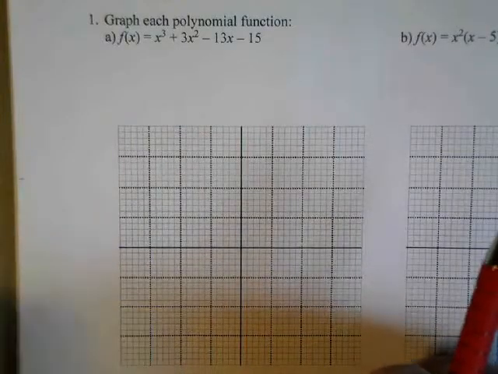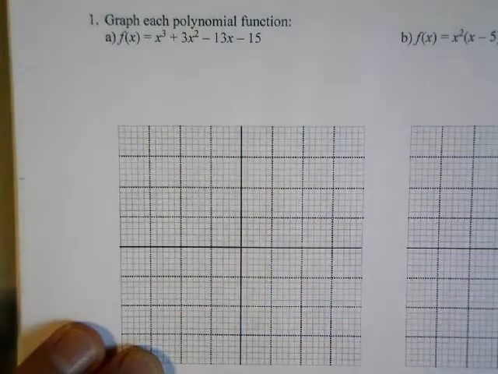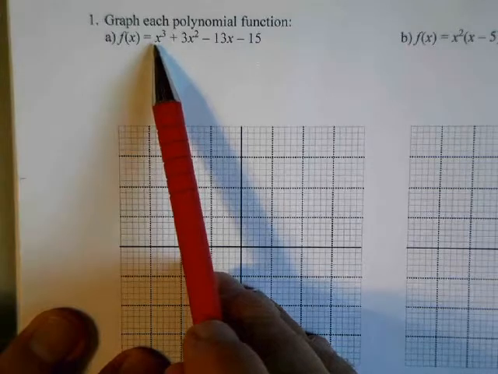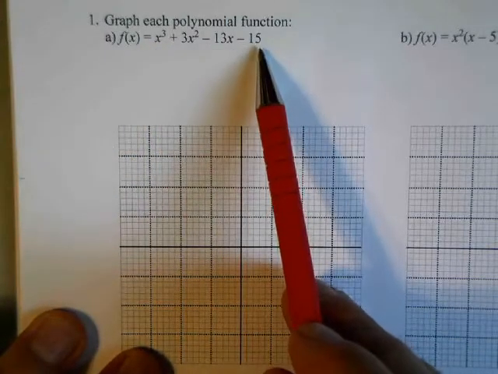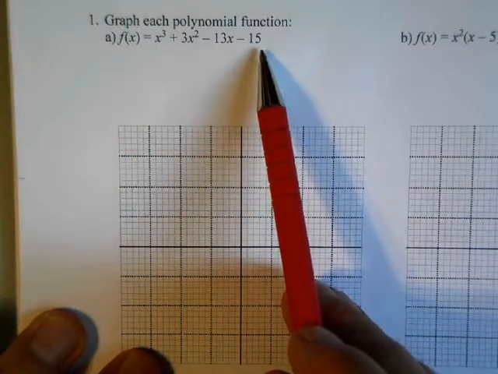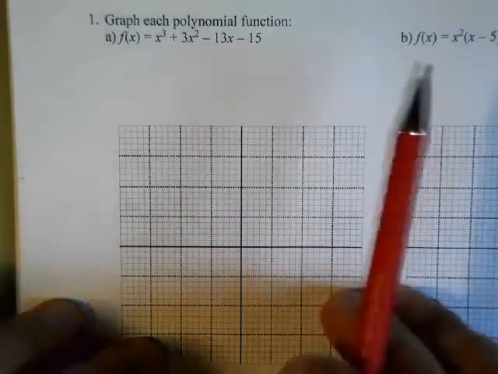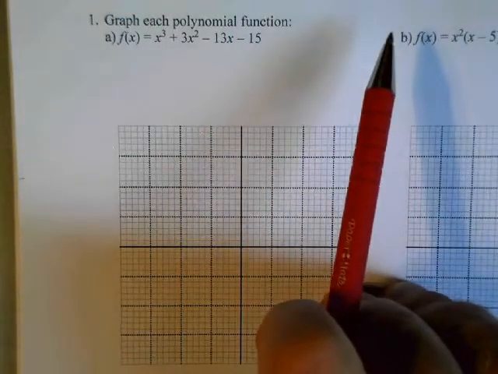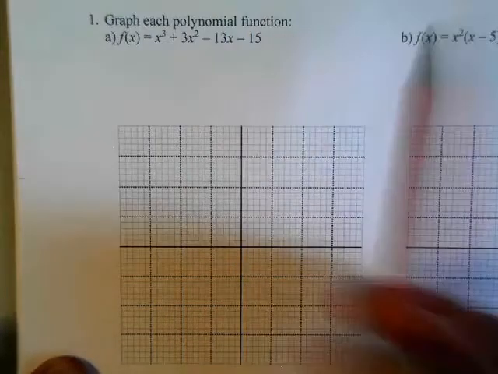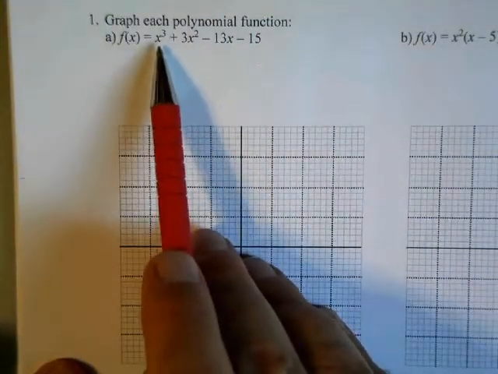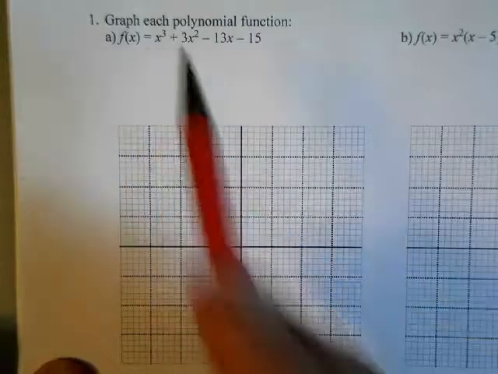If we used our p's and q's, note that the only factors here for the q are plus or minus 1. Here we have 1, 3, 5, and 15. If we were to go through all of those, it turns out that 3 is one of our zeros.